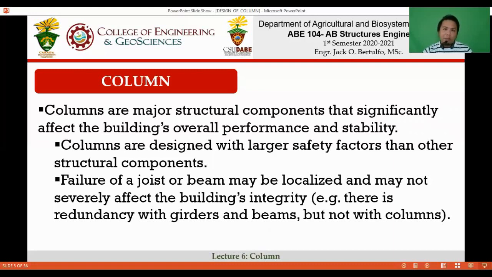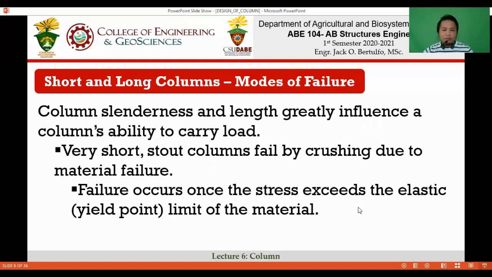So isa gyud siya sa pinaka-important, ang column, kay once ang column is ma-fail gyud ang overall structure. Kung sakali sa balay, kung maguba gyud ang column, siyempre mahugmak gyud ang balay. So importante na ang column. That's why we provide a larger safety factor for it.